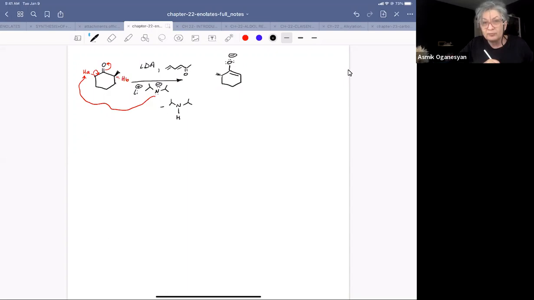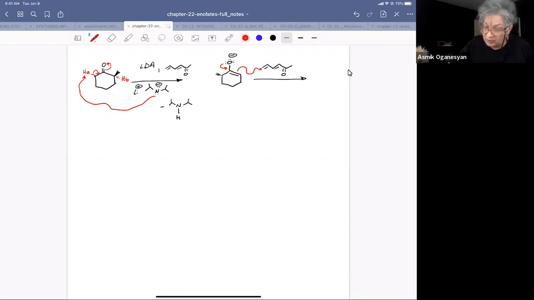Okay. I changed the wedge to dash because the molecule was horizontally flipped over, so it's the same molecule. And now let's react it with our electrophile. Electron density comes back. Let's attack this carbon. Pay attention, we have 2 double bonds.